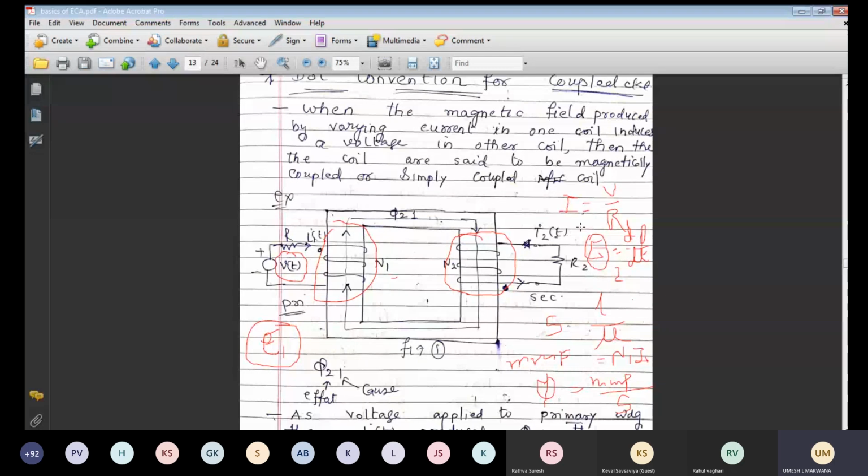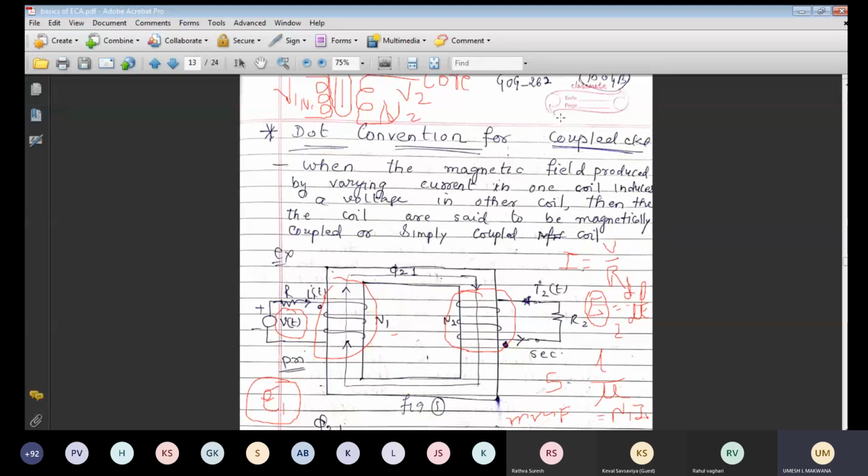Whatever voltage is produced in the secondary circuit depends upon the self-inductance and the mutual inductance, which depend upon the mutual coupling between the windings. So this is known as a coupled circuit. The EMF induced in the secondary circuit depends upon the direction of the current through the first winding or the direction of the current in the secondary winding.